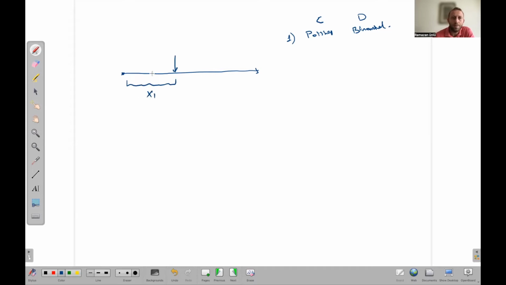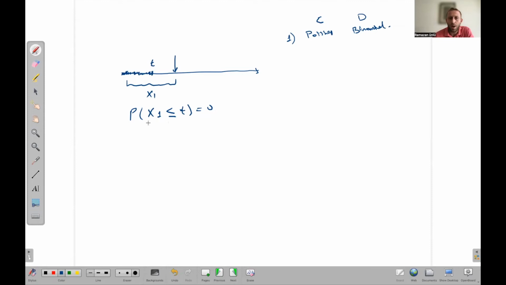Let's say we have some point t, and we know that x1 occurred after point t. So the probability of x1 being less than or equal to t is 0, because I know that in this time interval there is no success event, or no error event.